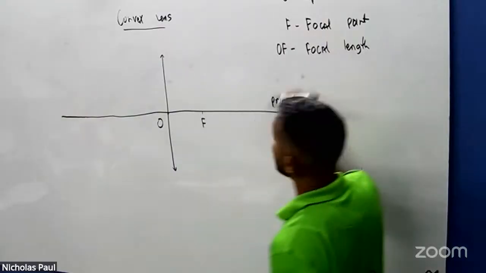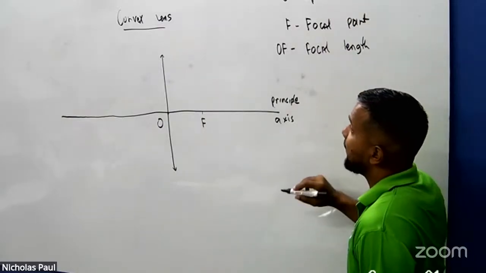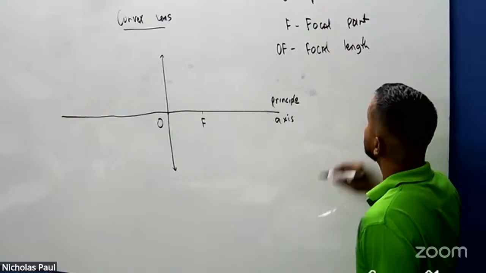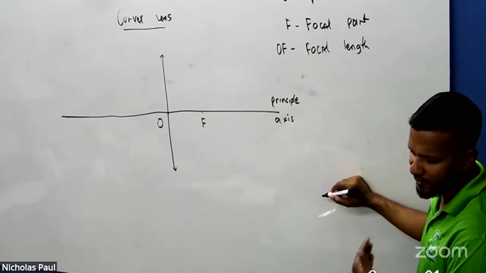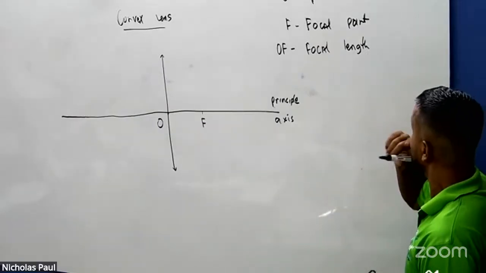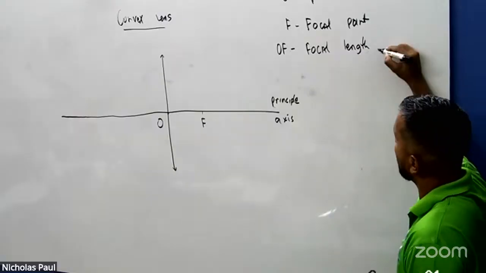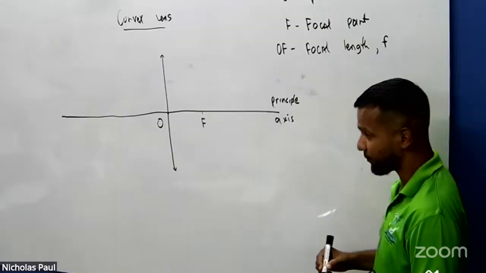Oh wait, you're not seeing up there. That's the optical center, right? I didn't realize that's missing as well. Zoomed in there too. O to F is the focal length. Sometimes we use the lowercase letter f.